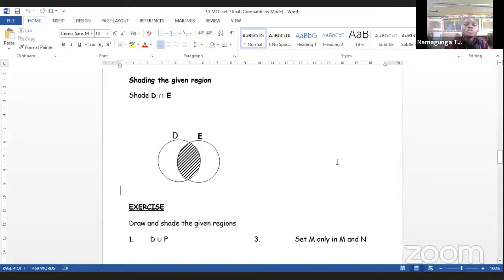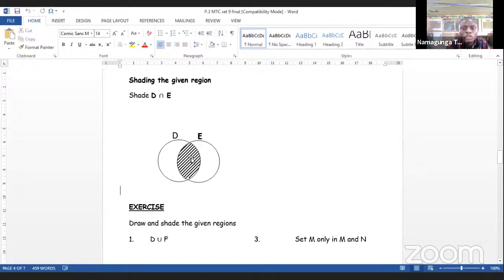So here we are going to shade the given region. They will give you here, shade D intersectioning E. Here you're going to draw your two sets. That is set D. After drawing set D, come and draw set E. Then I told you this intersectioning means where the two sets meet.